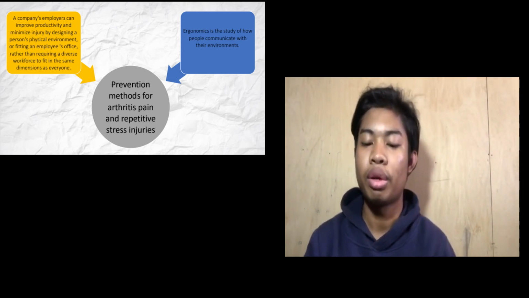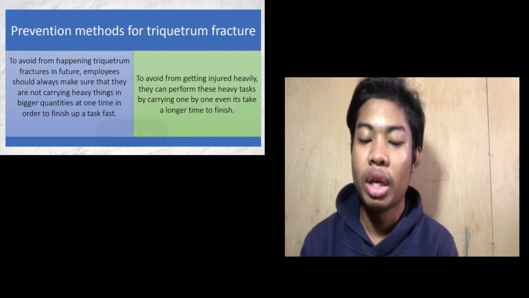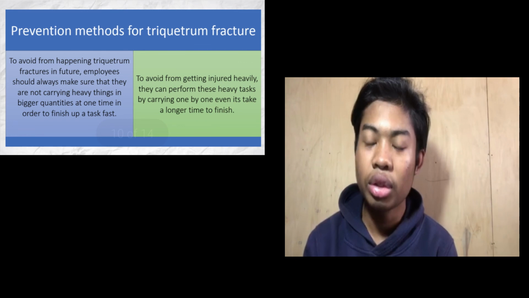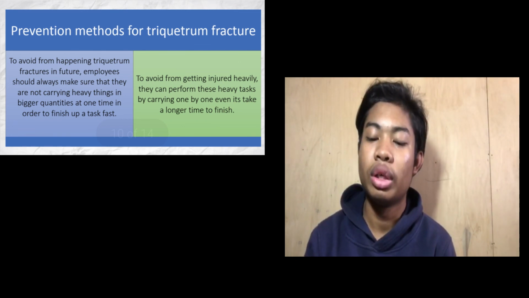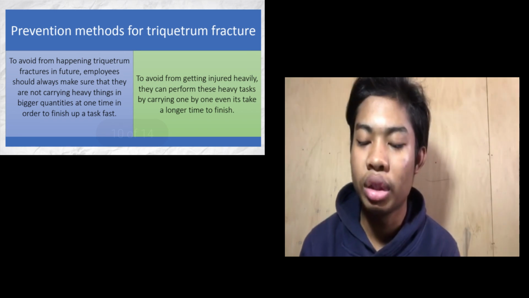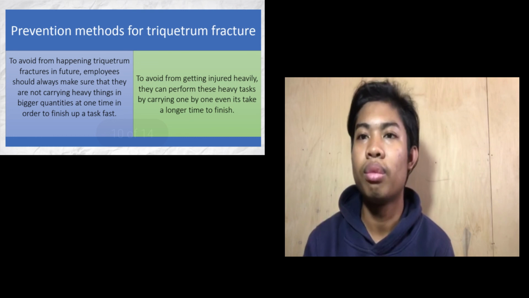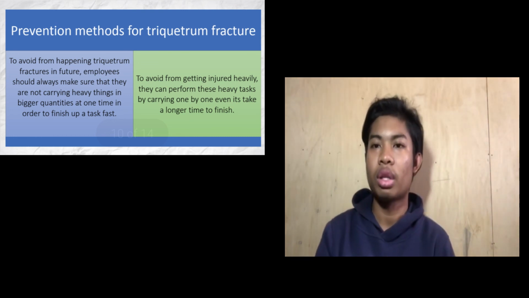Then the prevention method for triquetrum fracture. Employees should always make sure that they do not carry everything in a bigger quantity at one time in order to finish too fast.